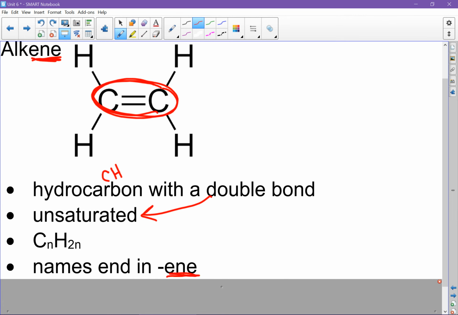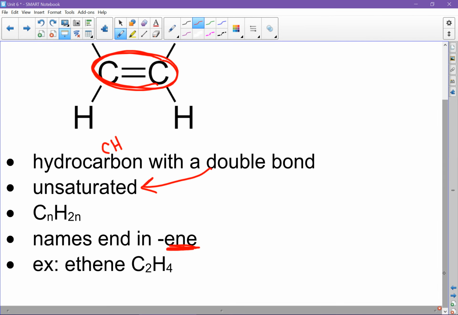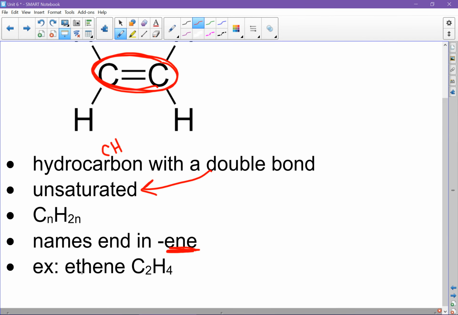Again, if it's an alkene, it must end in ene. Those endings will match. And so if you look at the example that we have, this is ethene. The eth is because it has 2 carbons. The ene is because it has that double bond. And notice that this follows our times 2 formula to figure out the hydrogens.